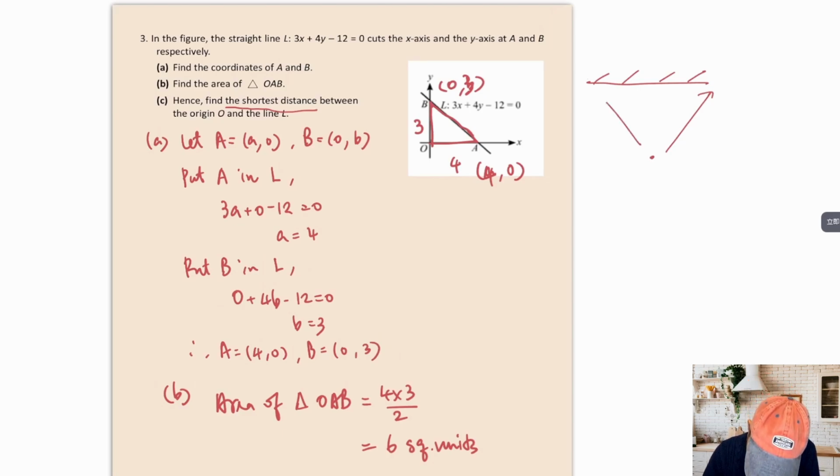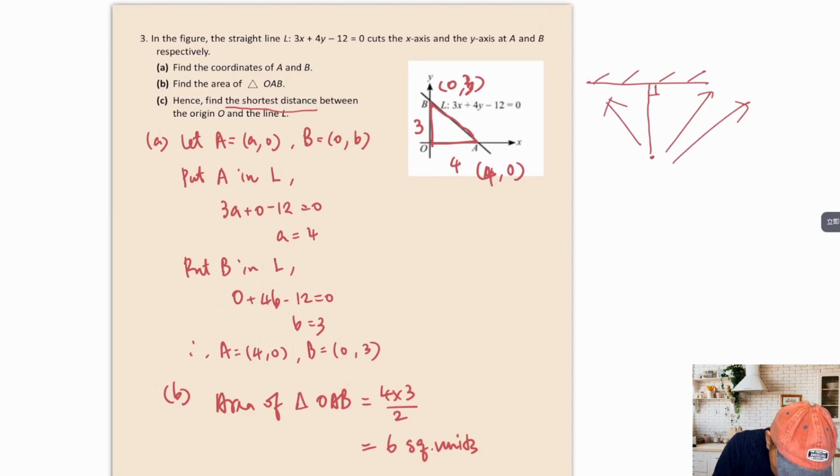Will you walk in this way? No, you will walk straight to the river bank. The angle here should be 90 degrees. It is according to our daily experience. So the shortest distance from the origin to the line L should be in the perpendicular direction.